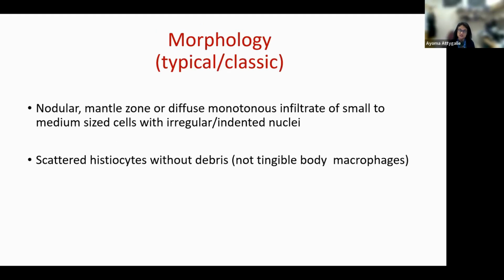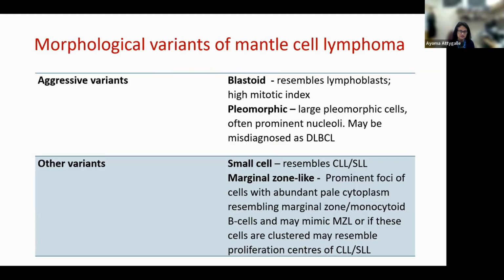So morphologically, the typical or classic mantle cell lymphoma can be nodular, can have a mantle zone pattern, or can be a diffuse infiltrate. It's a monotonous infiltrate of small to medium-sized cells with irregular, indented nuclei. And as we saw, there are scattered histiocytes without debris, so they are not tingible body macrophages. The aggressive variants are important to recognize because they have prognostic significance.